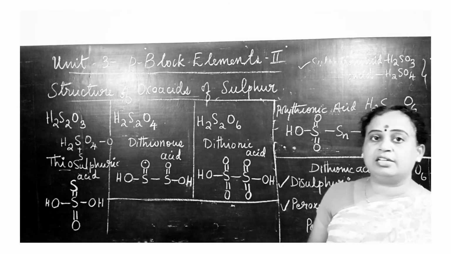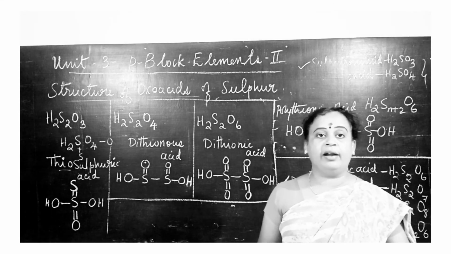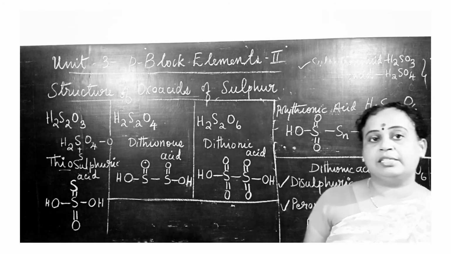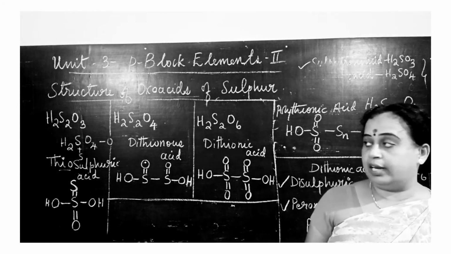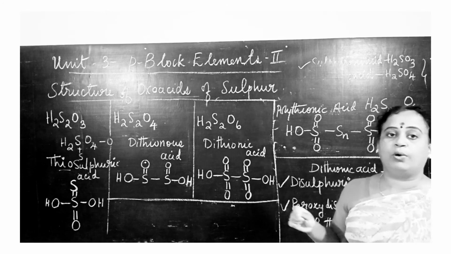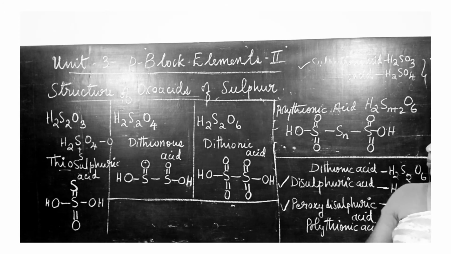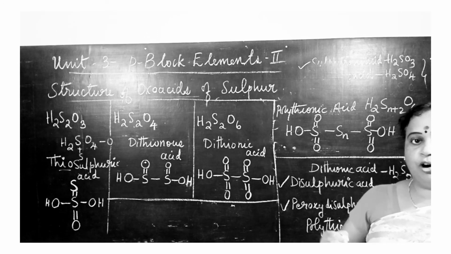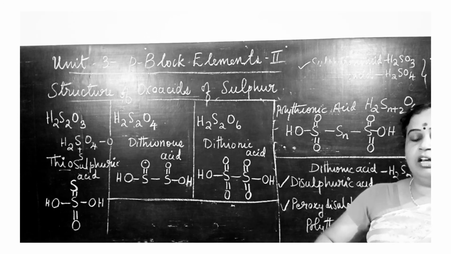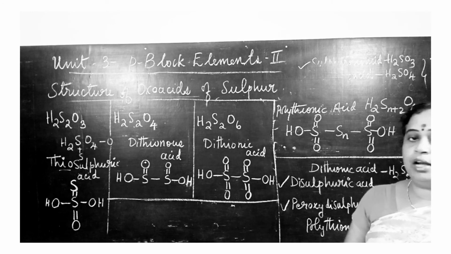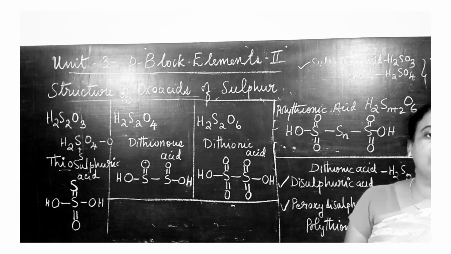So all these structures, you can write the names as well as draw the structures easily. Repeatedly watch the video once or twice, then take your rough note and work out how the structure is formed, draw the structure, and write the names. Definitely you will be thorough with all the 10 oxoacids of sulfur.